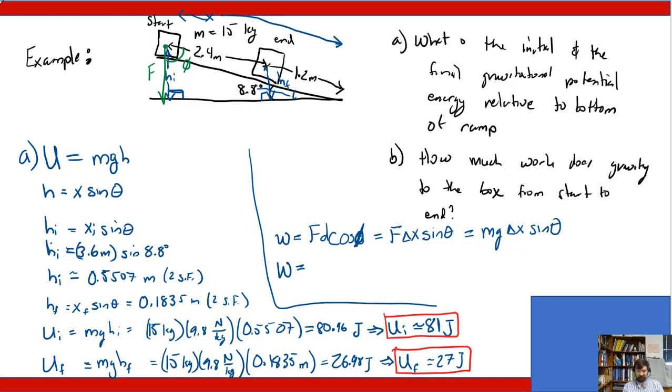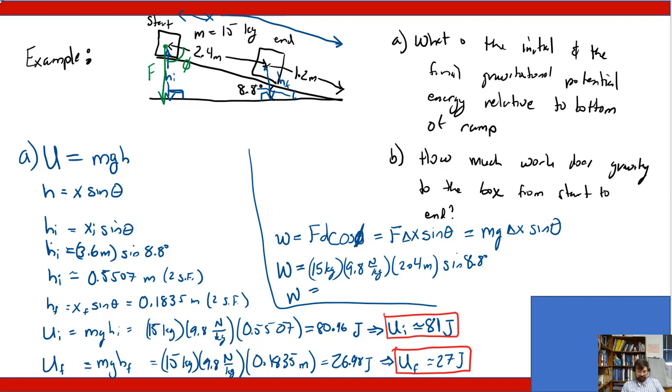So putting all this in, my force, m times g, is 15 kilograms times 9.8 newtons per kilogram, times delta x, which up here is 2.4 meters, times sine of the angle, which is 8.8 degrees. You could also use the cosine of the angle phi, which is 81.2, if you prefer that.